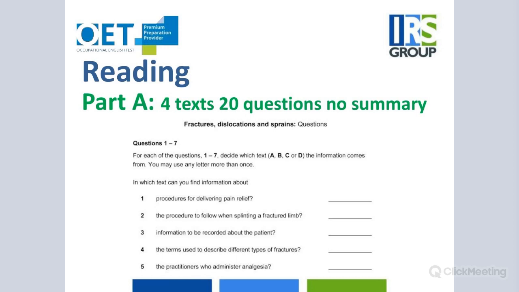For example, you will be having, as I said, 4 texts, maybe something related to a disease. The first text might be an introduction about the disease. The second text would be about the diagnosis, how you could diagnose the disease.